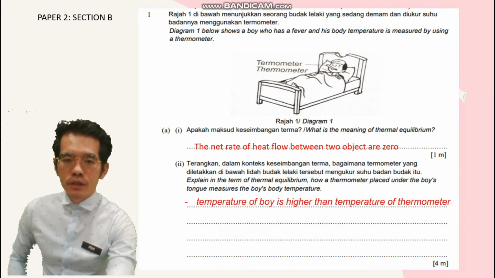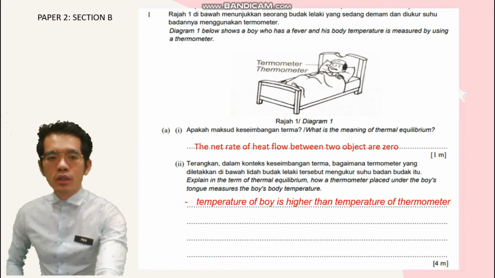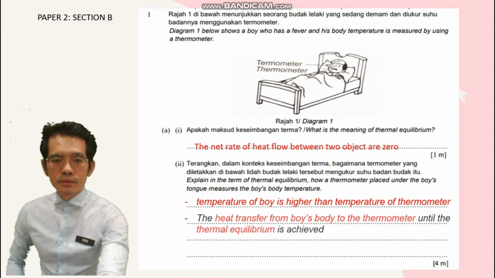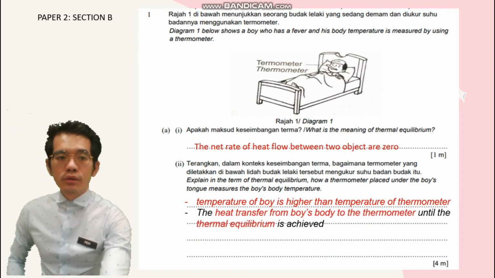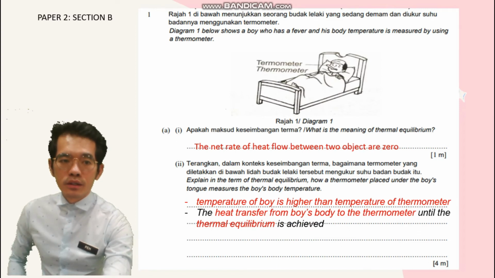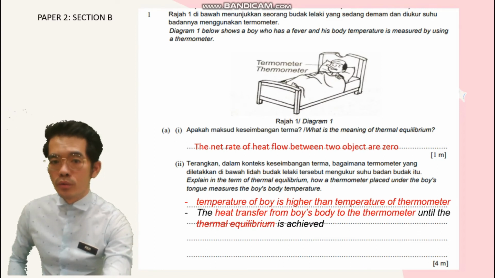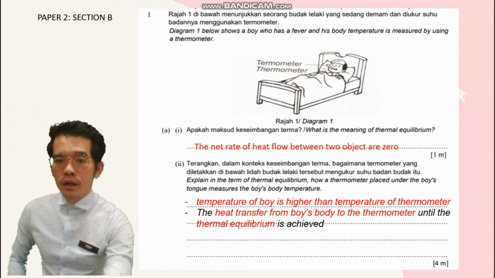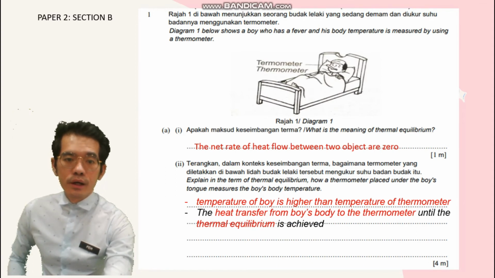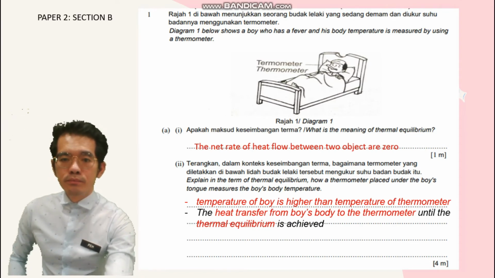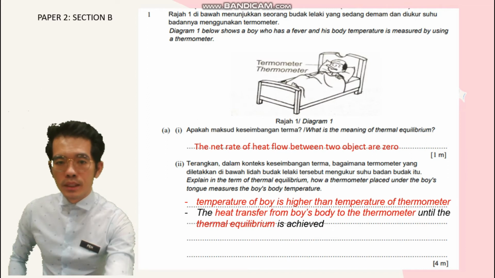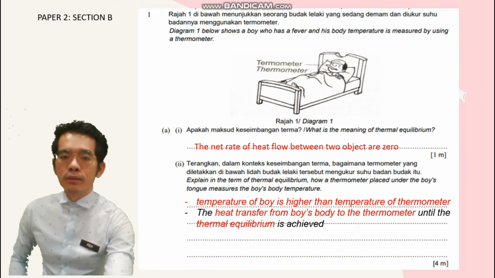Okay, so let's see the first point. Temperature of boy is higher than temperature of thermometer. Second, as I mentioned, you need to write that heat transfers from hotter object to colder object. So here, the boy's body is hotter, so the heat will be transferred from the boy's body to the thermometer until thermal equilibrium is achieved.